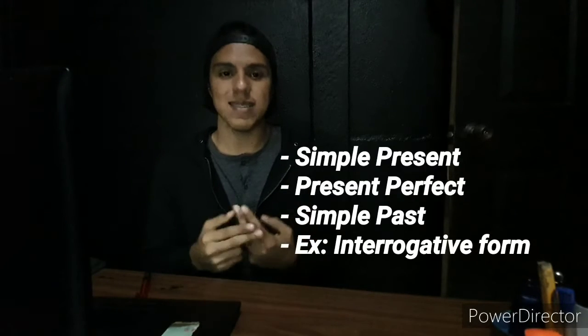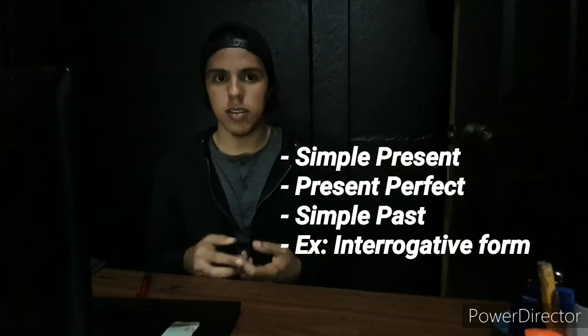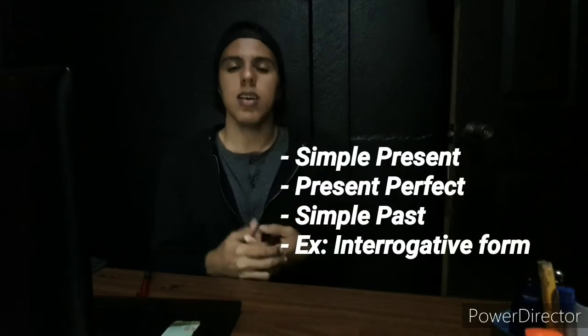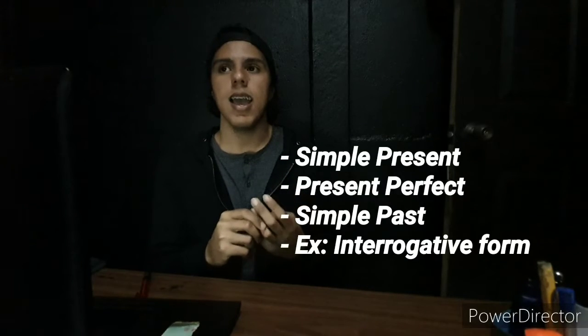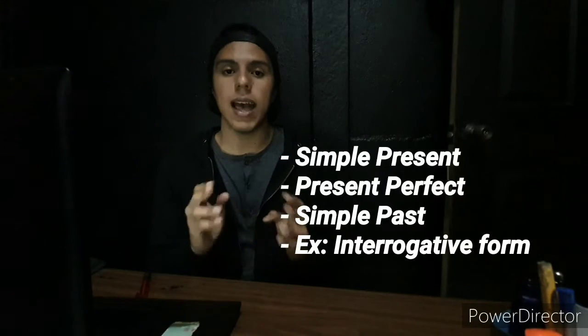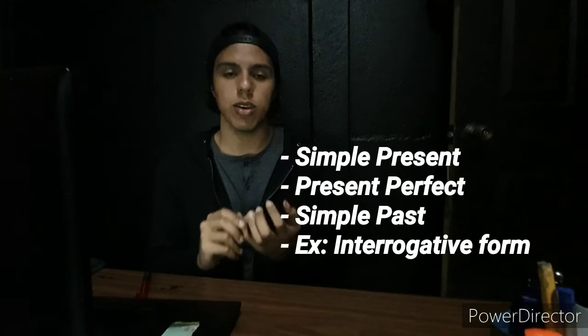In this micro teaching, I'm going to talk about three verb tenses of the verb to be: the simple present, the present perfect, and the past tense, and I'm also going to add the interrogative form of the verb to be.